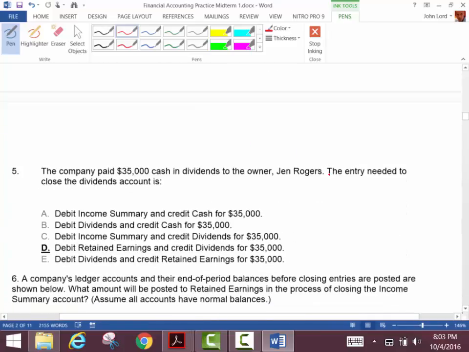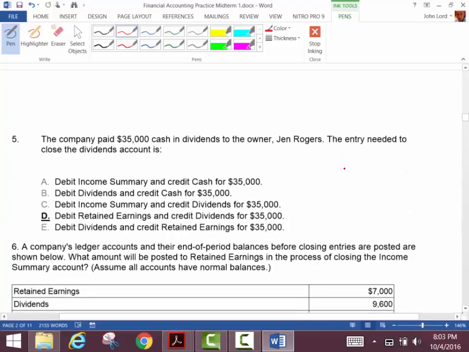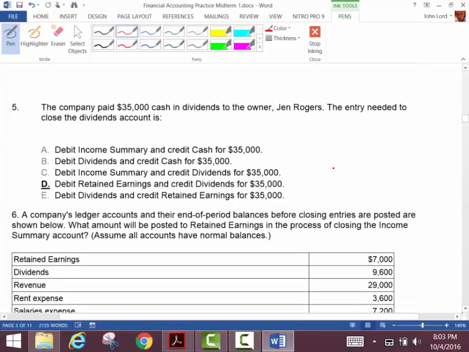Okay, number 5. Company paid $35,000 in dividends. The entry needed to close the dividend account. Again, when we pay the dividend, we do what? No, we debit the dividend, or maybe you can say credit retained earnings. We debit the dividend 35,000 and credit cash for 35,000, right?